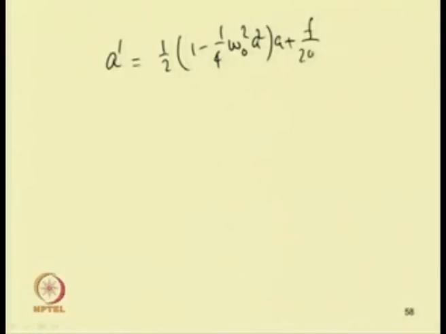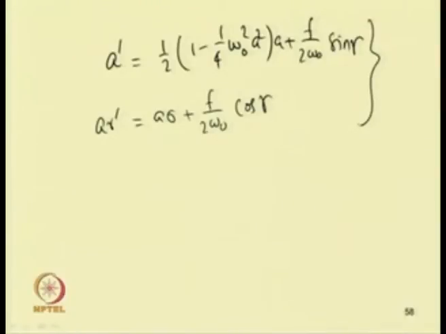In this case the reduced equations are of this form: a dash equal to half times 1 minus 1 by 4 omega 0 square a square, into a, plus f by 2 omega 0 sin gamma, and then a gamma dash equal to a sigma plus f by 2 omega 0 cos gamma. These are the reduced equations one can obtain by using the method of multiple scales.